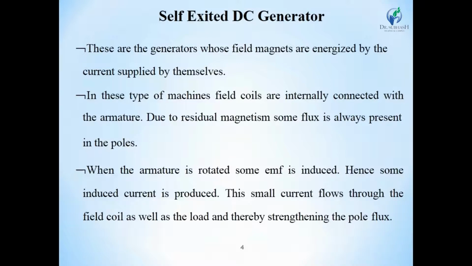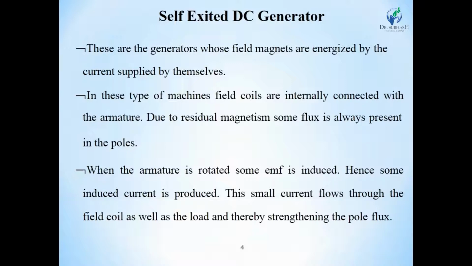Now we go to the self-excited DC generator. Self-excited DC generators are generators whose field magnets are energized by the current supplied by themselves. In this type of machine, the field coil is initially connected with the armature.